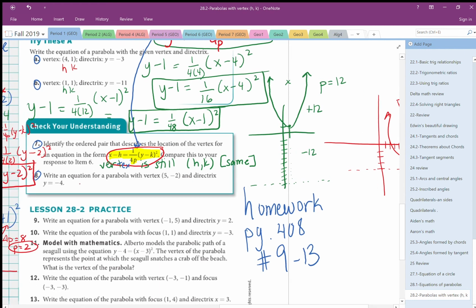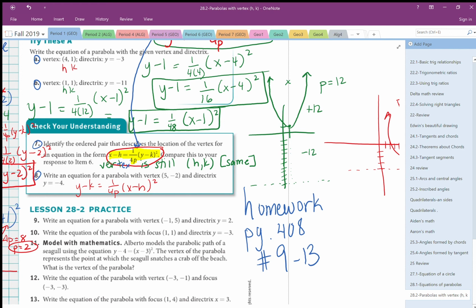That means I must use the equation y minus k equals 1/4p times x minus h squared. Again, I know to use that equation and not the highlighted one because of where it's opening. If it's opening either up or down, the x is what has to be squared.